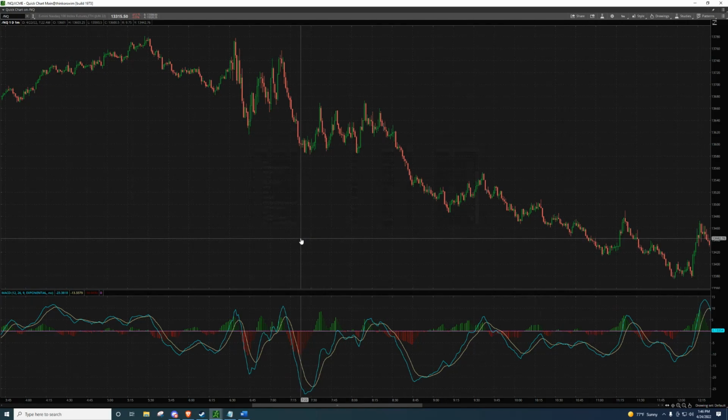But when we start talking about what it really measures, are we measuring the speed of the price action? Are we measuring the pullbacks? Is it giving us reversal signals? Is it giving us continuation signals? We're really measuring off the MACD.